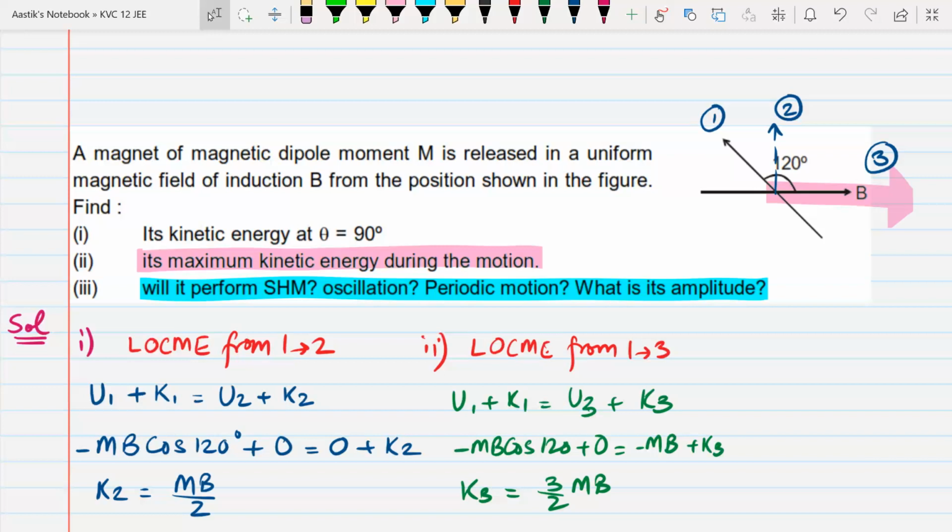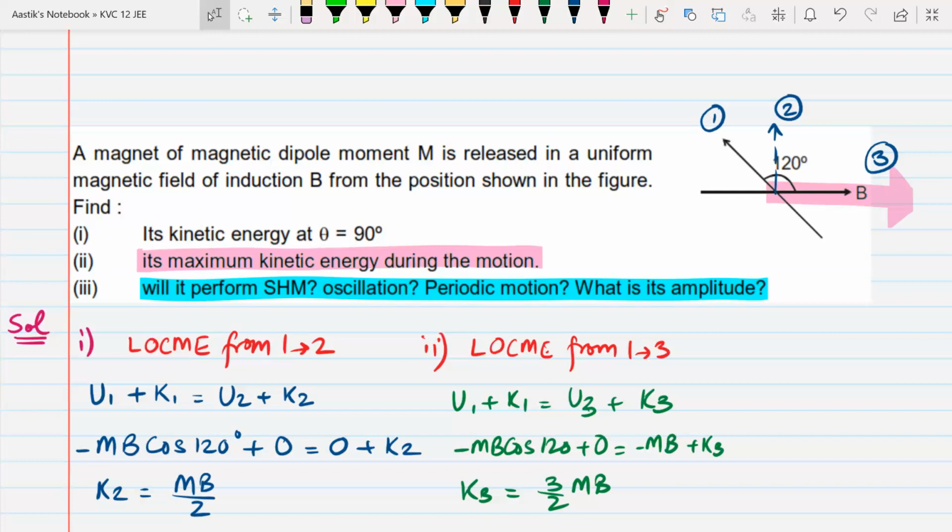No one knows it? Tell me you don't know it, so I'll do it. No one has any idea? Will it be SHM or not? Will it be oscillatory? Will it be periodic? No idea, sir.